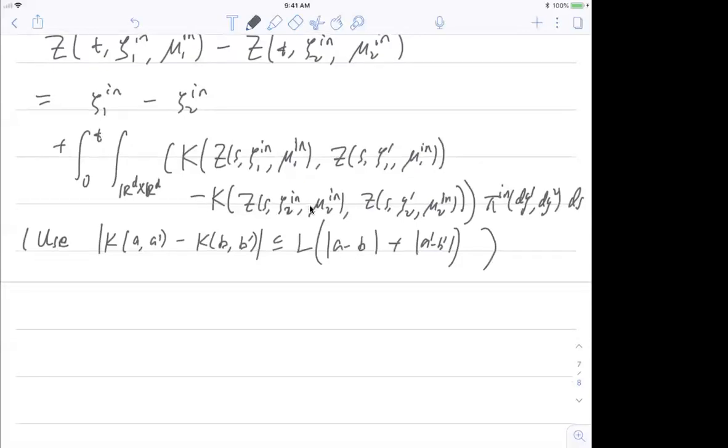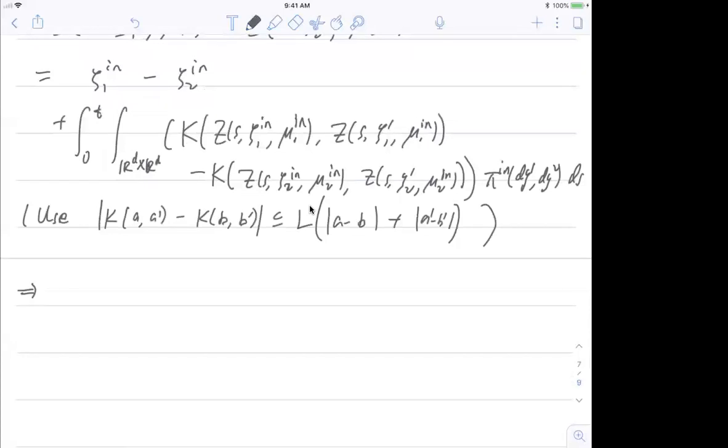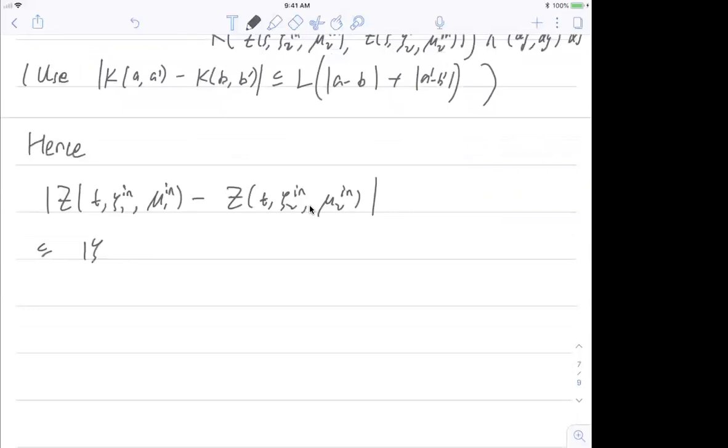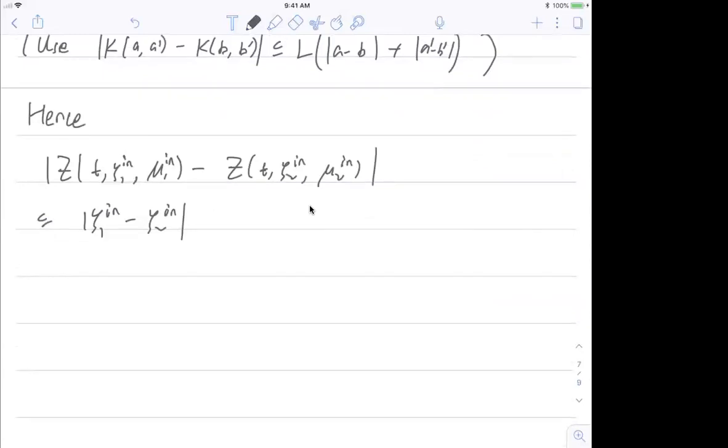Okay, so now what do we have? We take the difference. So the absolute value of t cosine 1 2, mu2 initial, is less than the first term, just a trivial estimate.